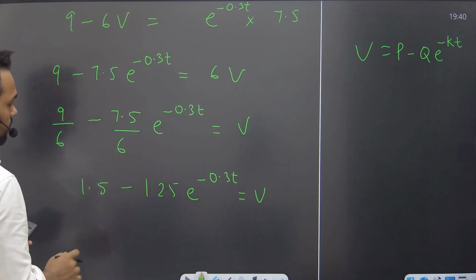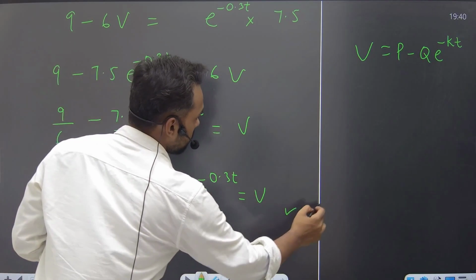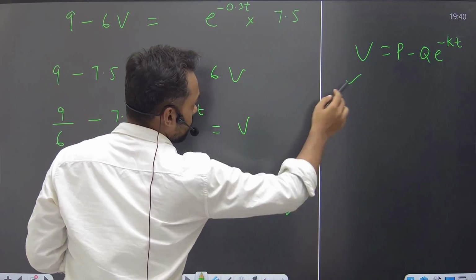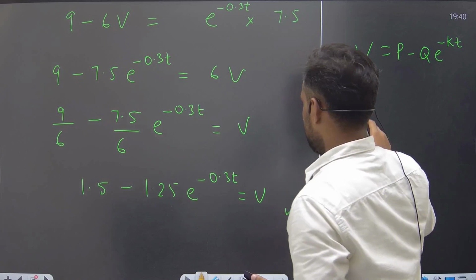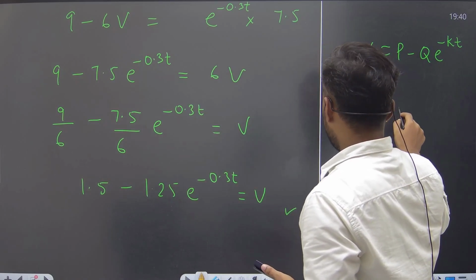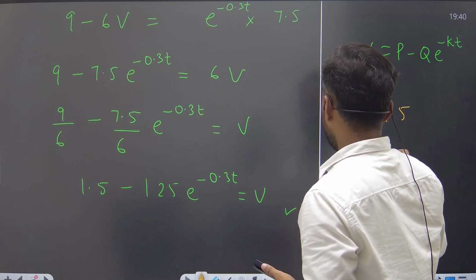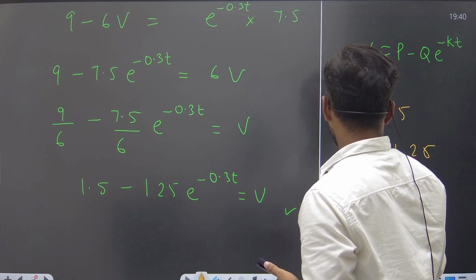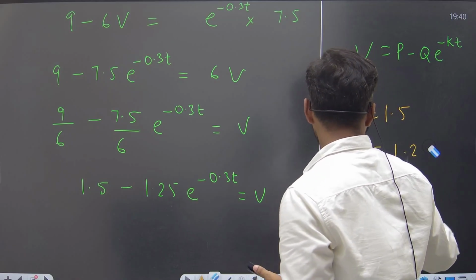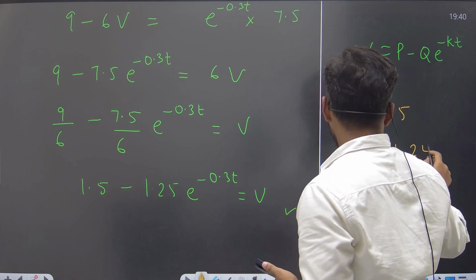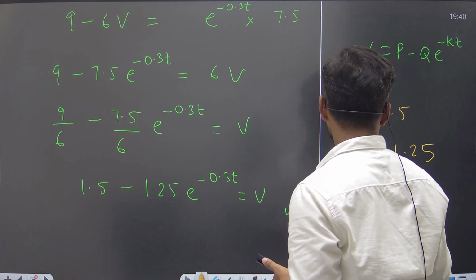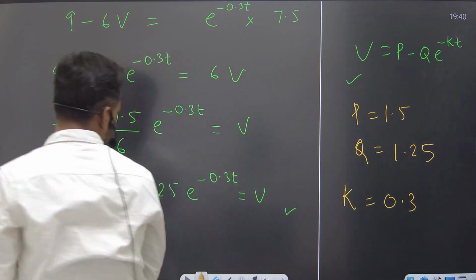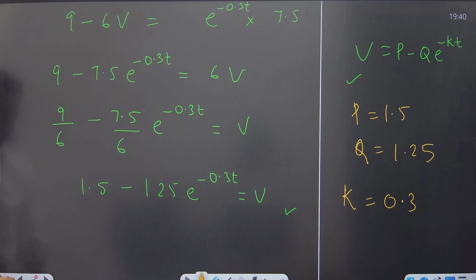Now if I compare the values of this particular equation and this equation, from here you can say that p equals 1.5, q equals 1.25, and k equals 0.3.